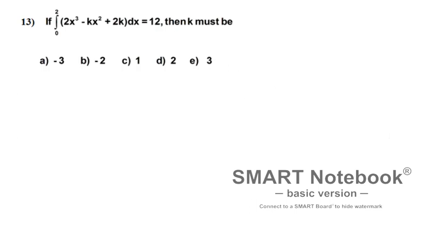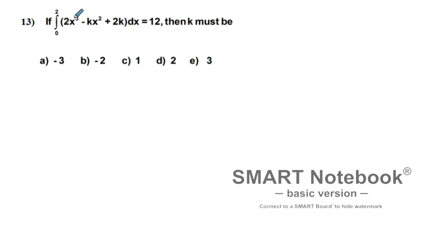Next, 13. Now, I did enable you to put a calculator in your hand for this one. So that being the case, you could substitute the answer choices in here. If you go about it strategically, you might want to start at the middle.